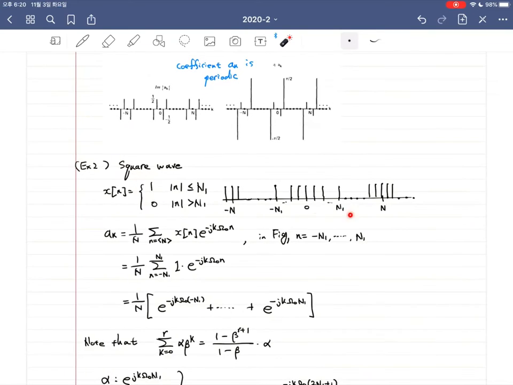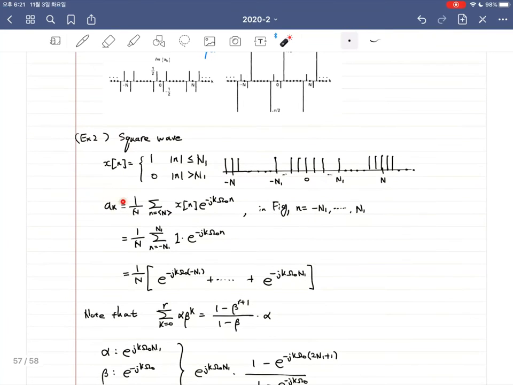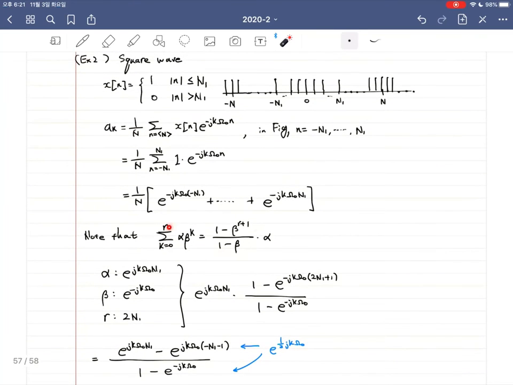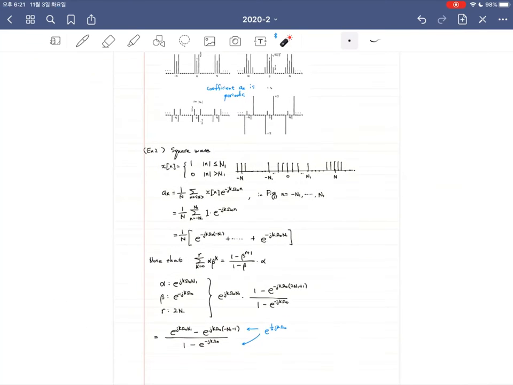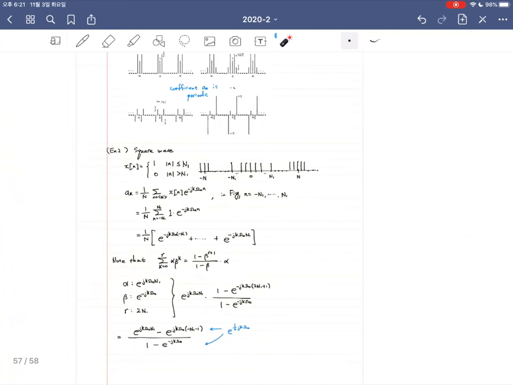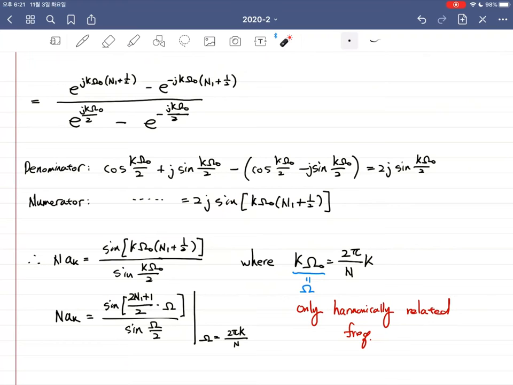And with this kind of square wave, we actually obtained this a_k for the Fourier series. With this formula, we arrived at this form. However, I want to express them in the sinusoidal wave.